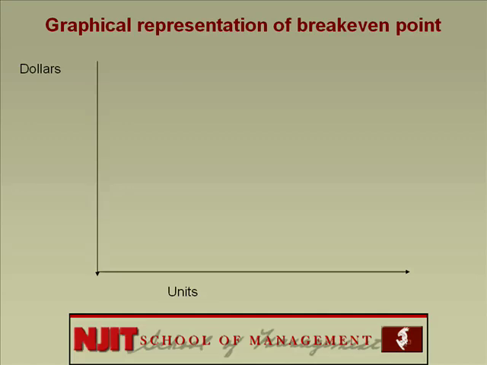We have dollars on the y-axis and output measured as units on the x-axis. Take a few minutes. How would the sales revenue line look like? It would look like this.